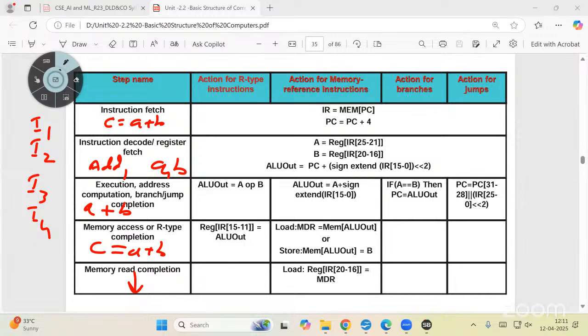So these are 5 steps for each and every line. If you have I1, 5 steps are required: fetching the data, decoding, executing, writing, and reading the data from the memory for display purposes. So these are the 5 steps.